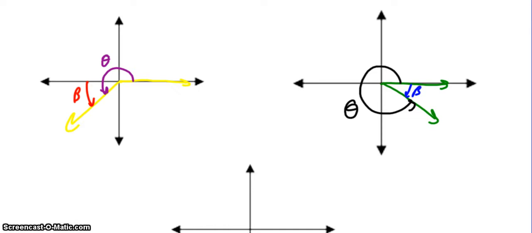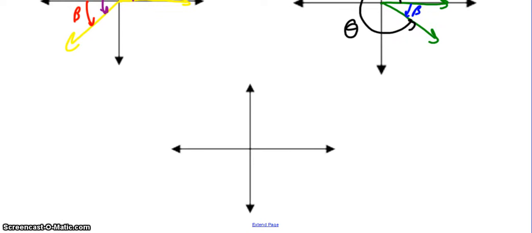So why did I put a 5th coordinate plane down here? Well, because we want to understand the idea of coterminal angles and reference angles. And so if I have, let's say, an angle in the first quadrant, but the actual angle is larger than 2 pi or 360 degrees, my reference angle is still just the acute angle.